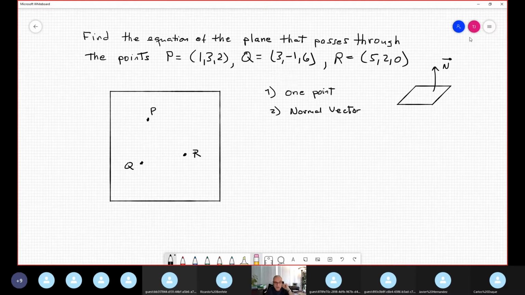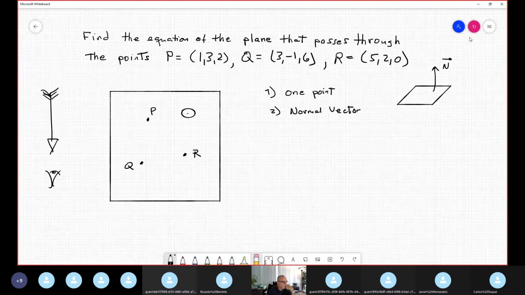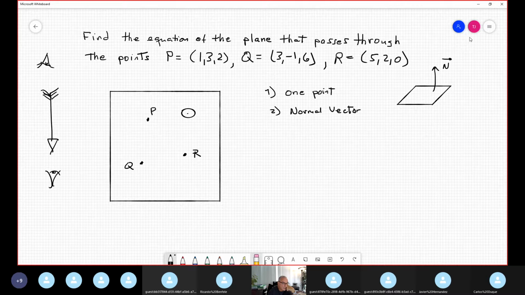Suppose the vector you can see like an arrow like that. This is my eyes, and in this direction you see something like that.